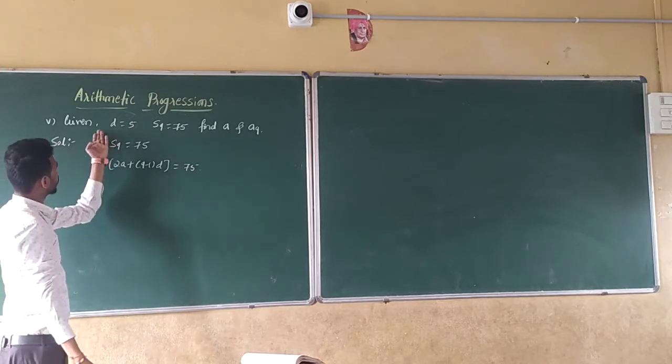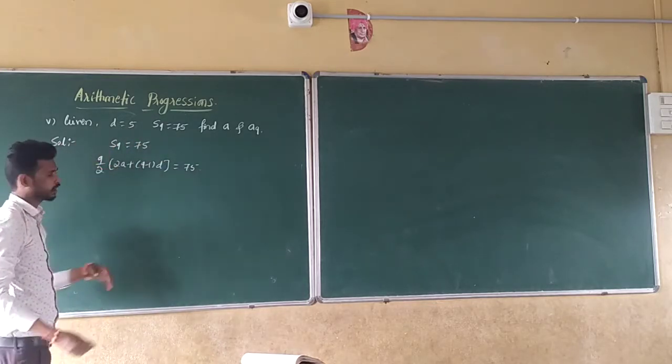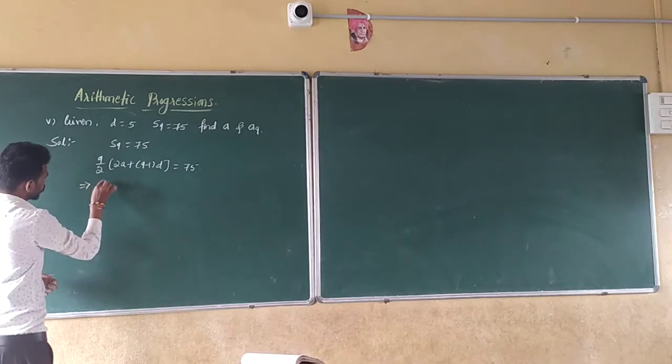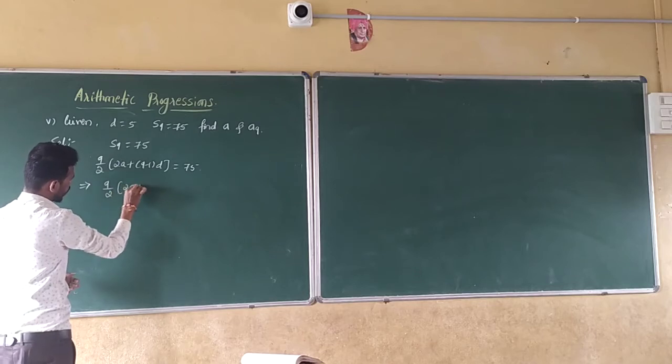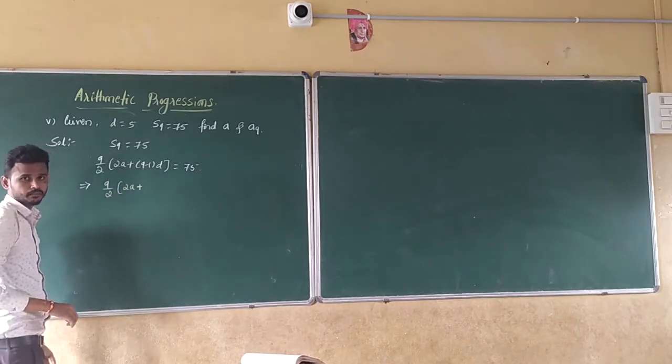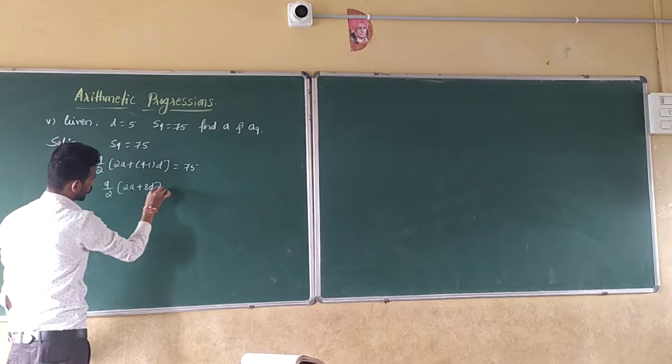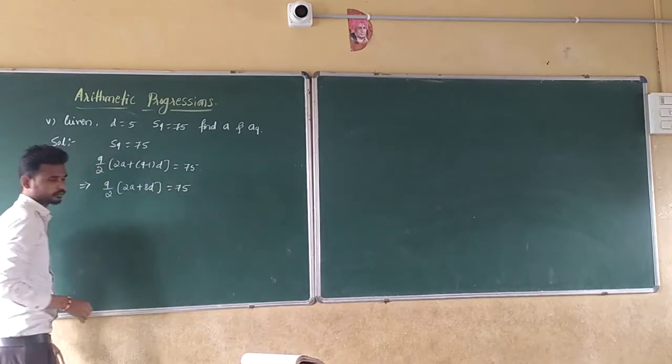By using this, find a and then find A9. So 9 by 2, 2a plus 8d, which is equal to 75.